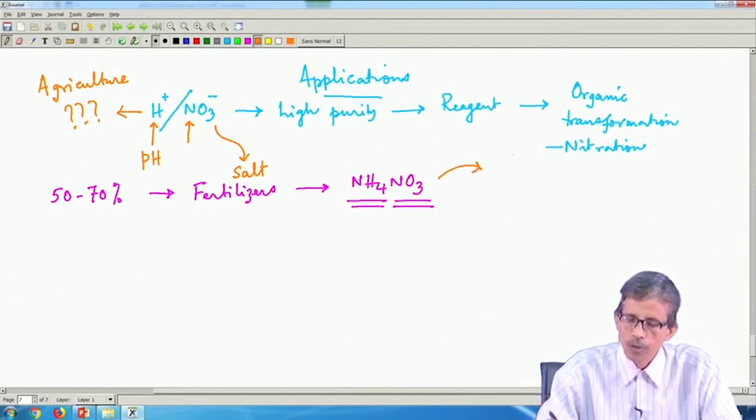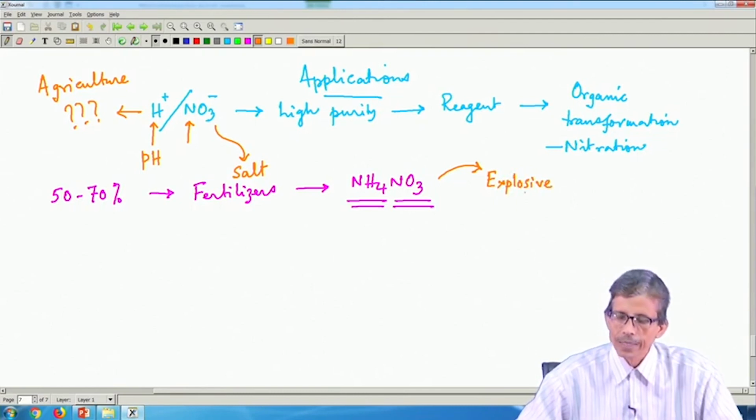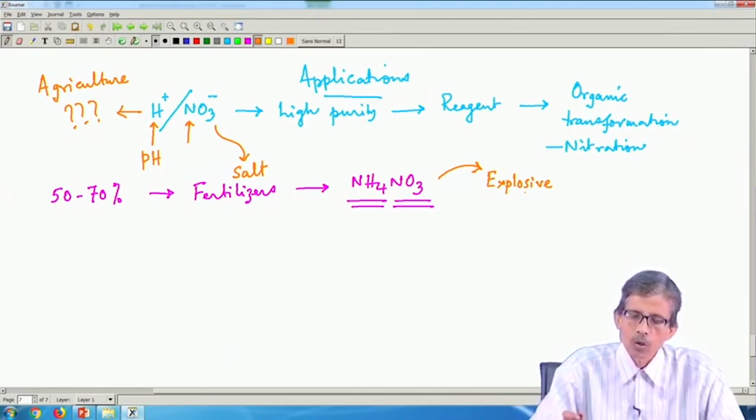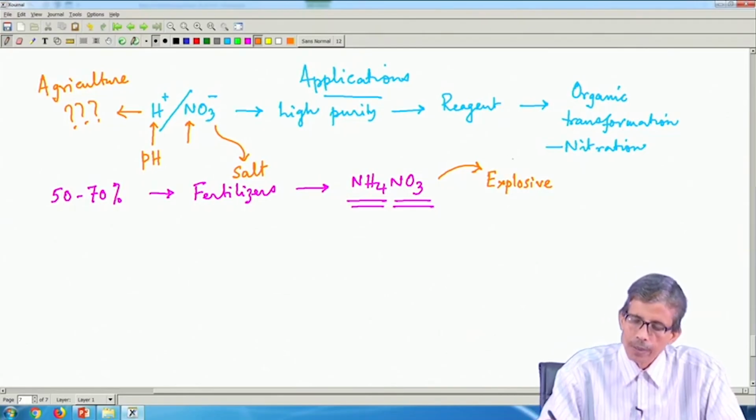This nitrate can also be useful along with your ammonium ion as a typical explosive, because it is explosive in nature. The heat of reaction is very high when they explode. That means this anionic part, which is oxidizing in nature, tries to oxidize the ammonium side, but it can be utilized in a controlled way.